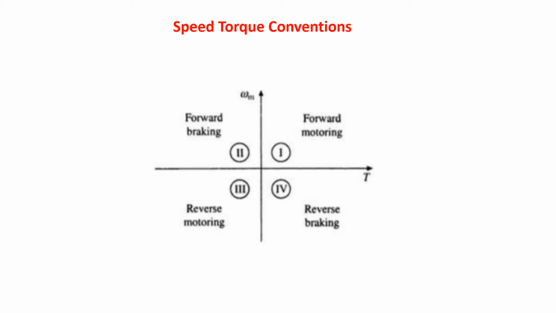If you multiply both, your power is negative. That means the power flows from load to source. This time the motor operates as a generator which converts mechanical energy to electrical energy and opposes the motion. This is speed torque conventions.